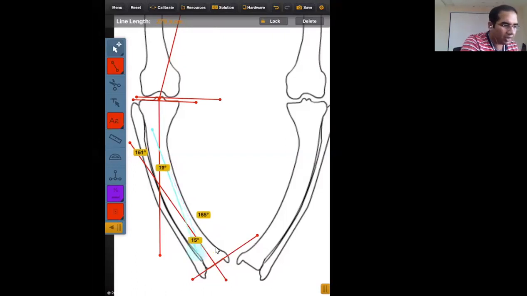If I mark a line over here, now it is 15 degrees here and 20 degrees here. Since it's a bowed tibia, it does not have one particular apex. So you will draw a line which is the nearest representative of the mid shaft of the tibia, and wherever these two lines meet will give you the multiple apices of your deformity.